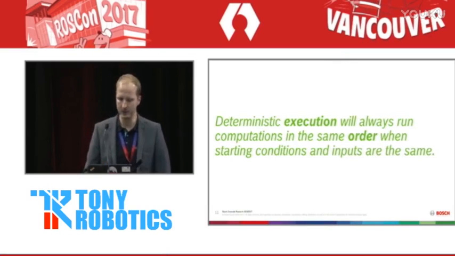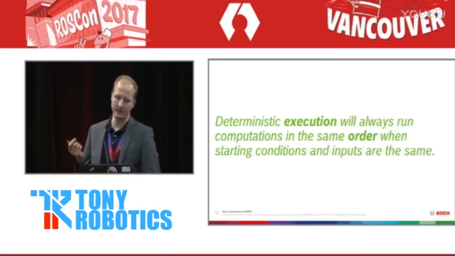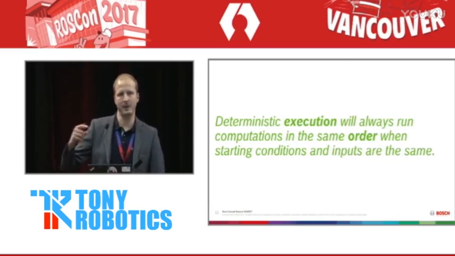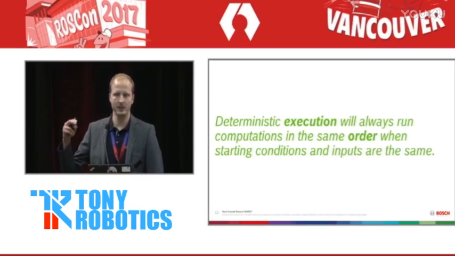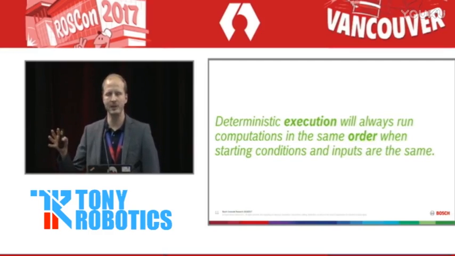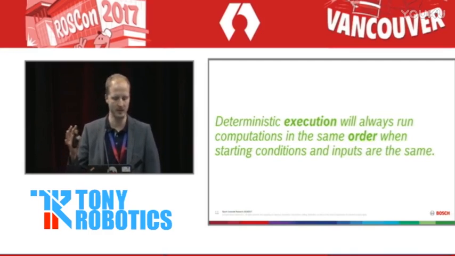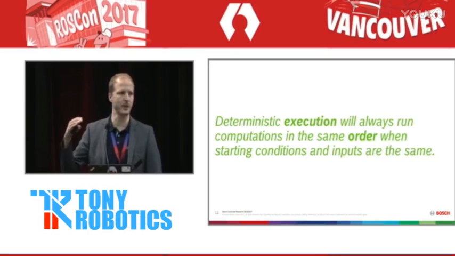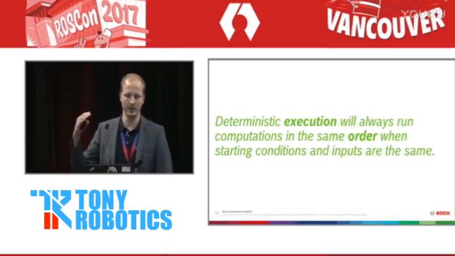So what we are mostly interested in, if you take a step back from the algorithms, is deterministic execution. The goal is that our algorithms are called in the right order. Then what they do internally might or might not be deterministic, but as long as they're called in the right order, that's already a big step.